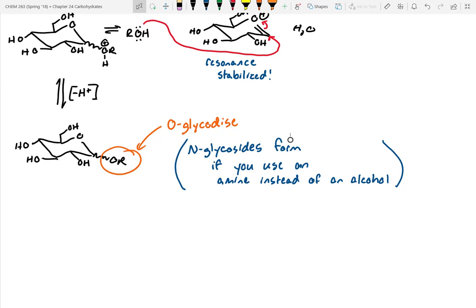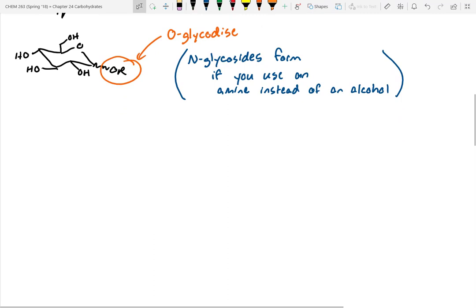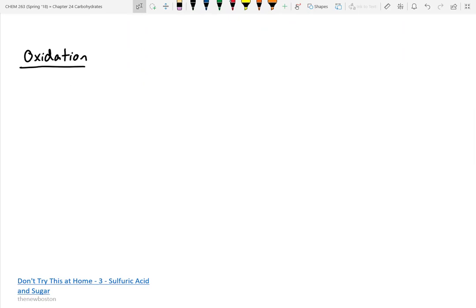All right. So there's a few more reactions we do have to look at. Next one's called an oxidation. And I'm going to draw the Fischer projection form for this.